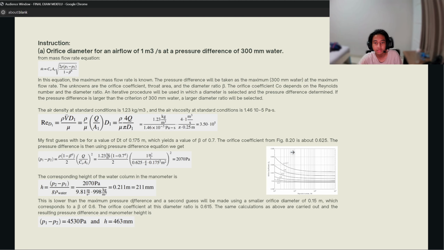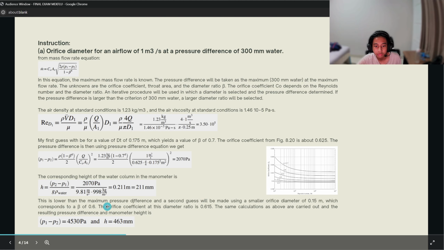Using the pressure difference equation with d_t of 0.175 and beta 0.7, we get about 2070 pascal. The corresponding height of the water column in the manometer is about 211 millimeters.